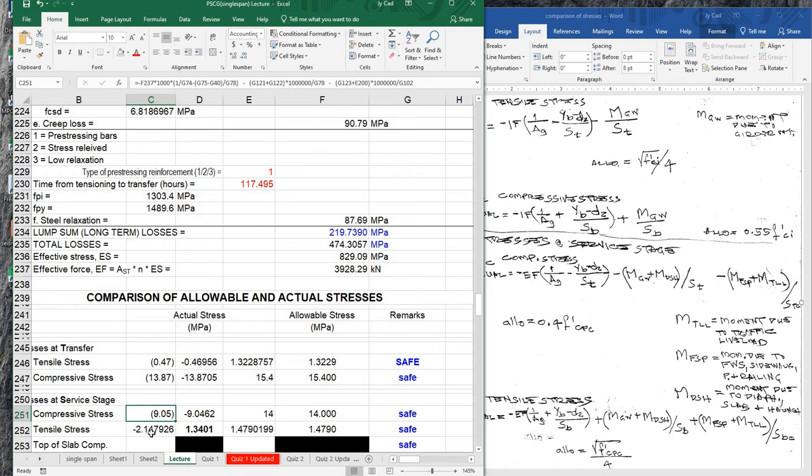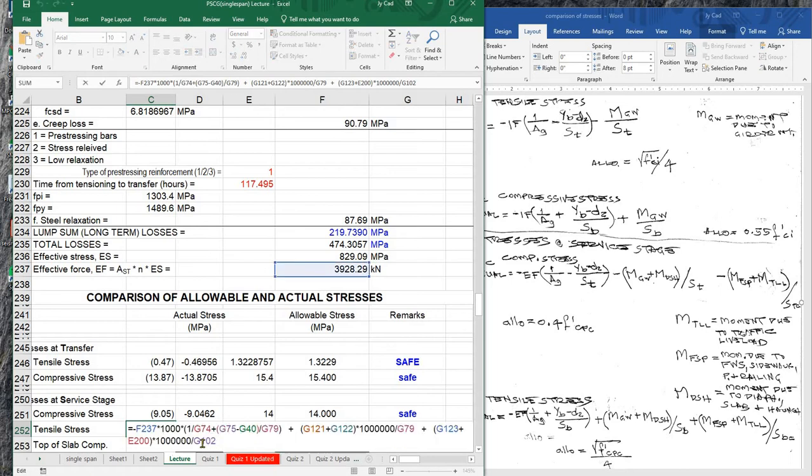Okay, saan ako nagkamali? So, probably, etong huli. This is G102. And what is that G102? That is STC. This is composite section modulus at top.